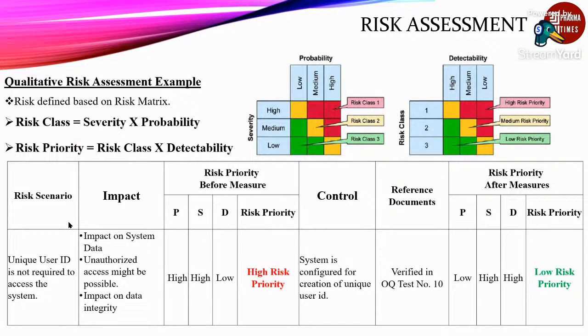Another one is that someone with the same name can get access to that system. There is also an impact on data integrity, as no identity is there for a data change or any system update.